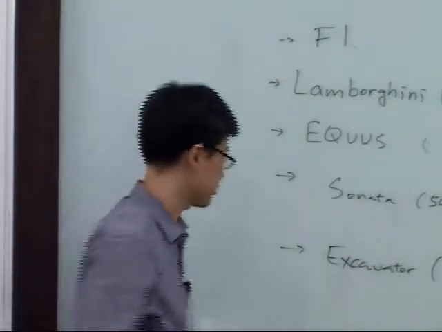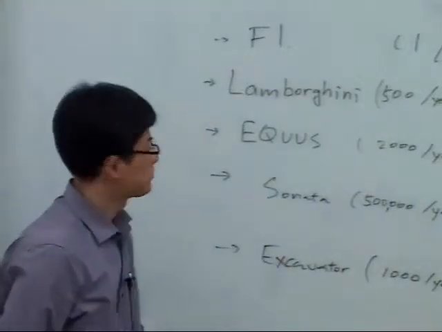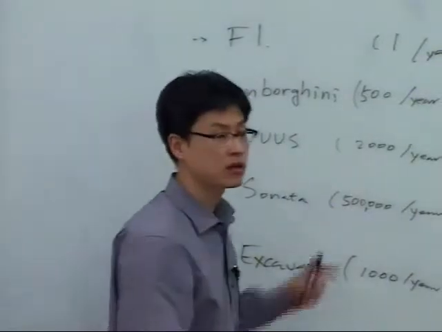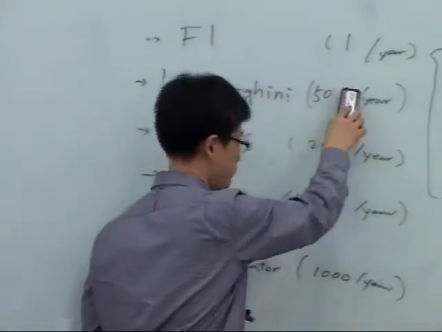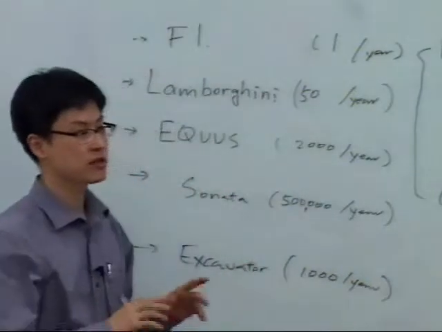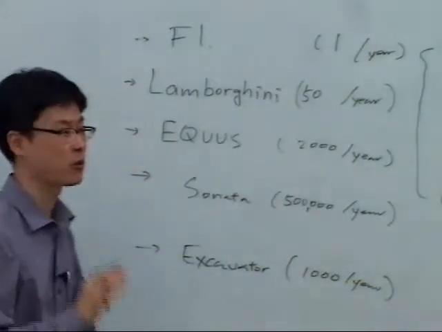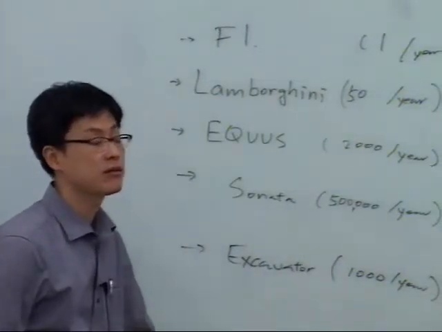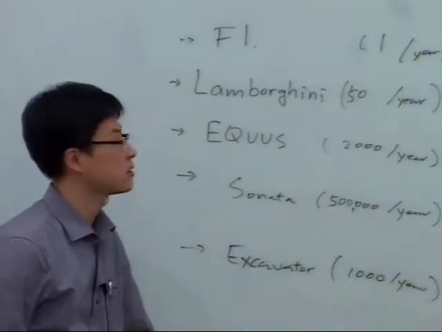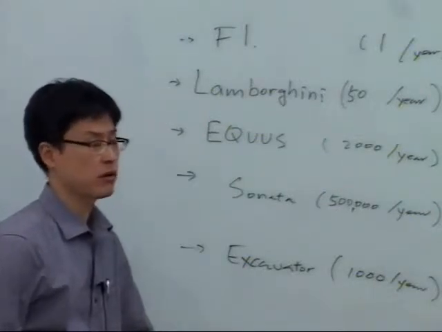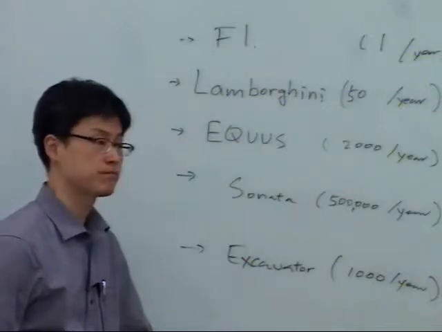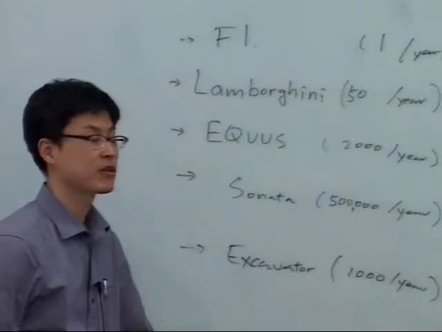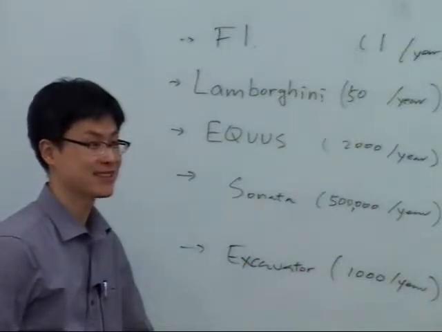Okay, so for example, Lamborghini. To make our problem simpler, let's make it a limited edition, so only 50 are sold per year. If you're producing 50 Lamborghini per year, is it a project, job shop, or batch? I think it's a batch. Why?